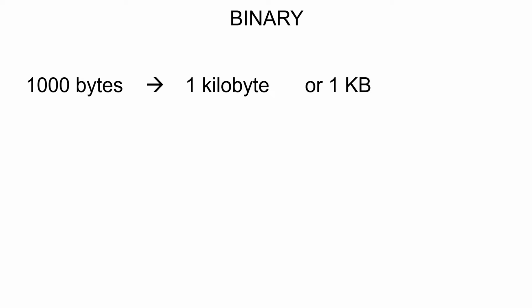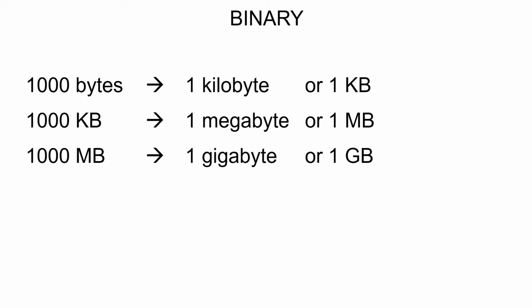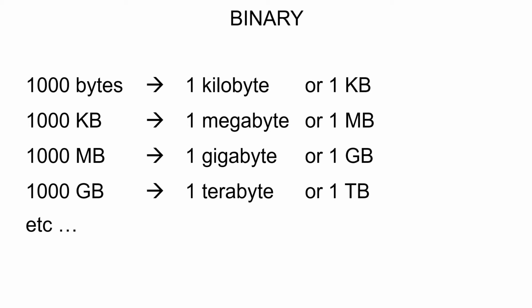Now, when you start dealing with even more memory and get into 1000 kilobyte regions, we say 1000 kilobytes is 1 megabyte. In like manner, 1000 megabytes is 1 gigabyte, and then 1000 gigabytes is 1 terabyte, etc.